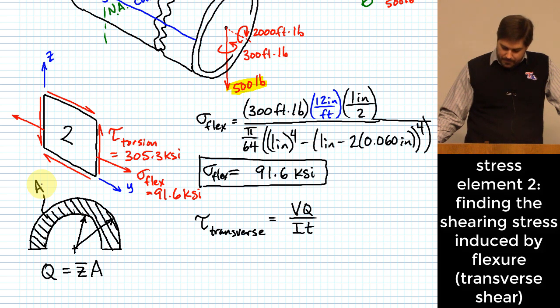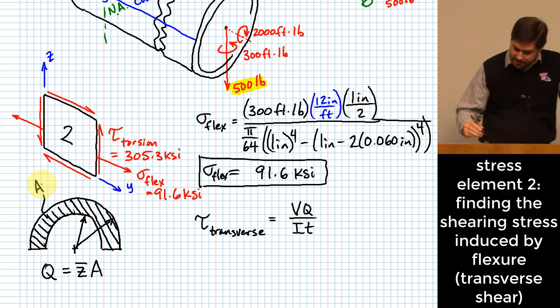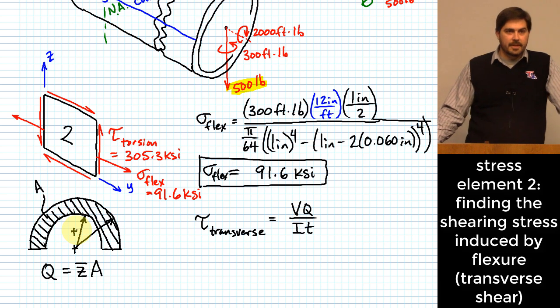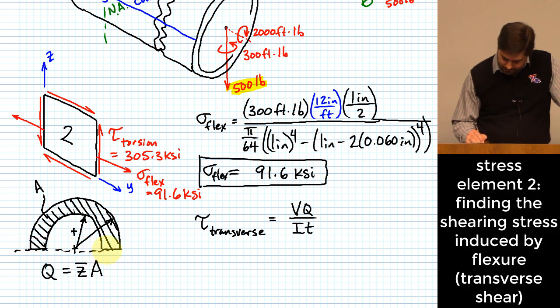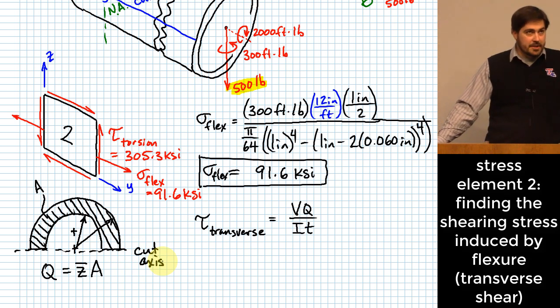So that's maybe easy enough. What is Z bar? Okay, yeah, it's the distance to the centroid of this area. Like how far is it from the axis where we made the cut up to the centroid of where that area is located.